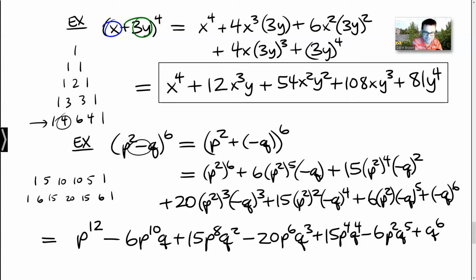It's a lot. Okay. Notice the alternating pattern. The signs start off positive, negative, positive, negative. So plus, minus, plus, minus, plus, minus, plus. That'll always happen when it's a difference, when it's something subtracts something.